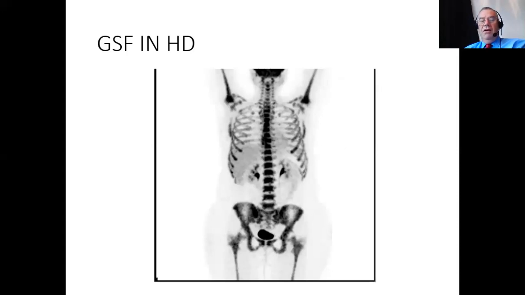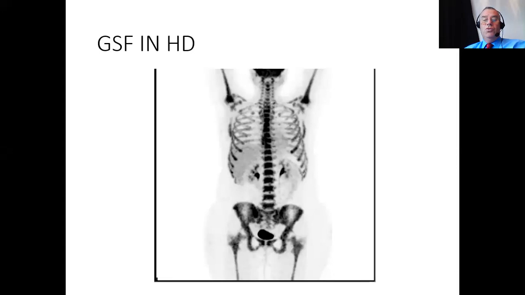This is a fairly young adult, and they can respond very aggressively to granulocyte colony stimulating factors, and they can have very intense metabolic uptake. So every spot of bone marrow will become very active and take up the FDG. You can see these issues quite significantly.